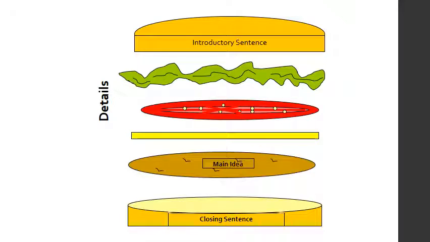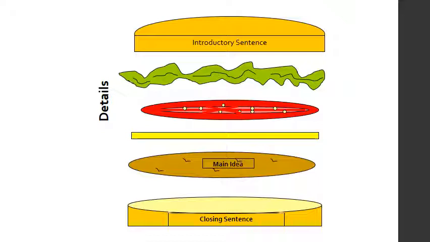So here you see how we are comparing the parts of the paragraph to the hamburger sandwich. As the hamburger sandwich is a combination of parts, the paragraph is a combination of parts. At the top or at the beginning, I have the top bun. So in the paragraph at the beginning, I have the introductory sentence.